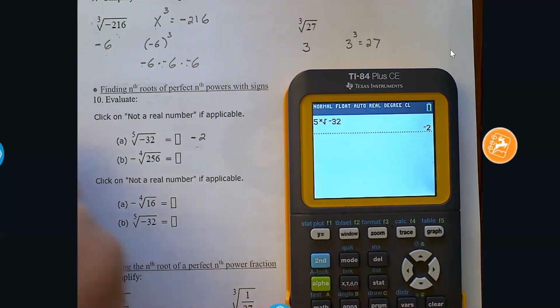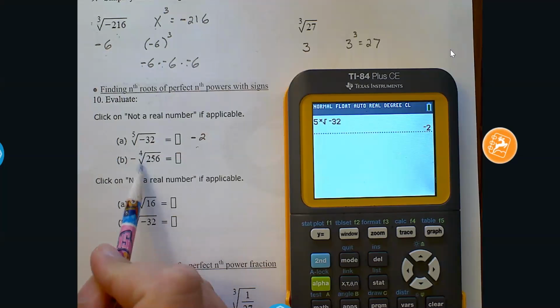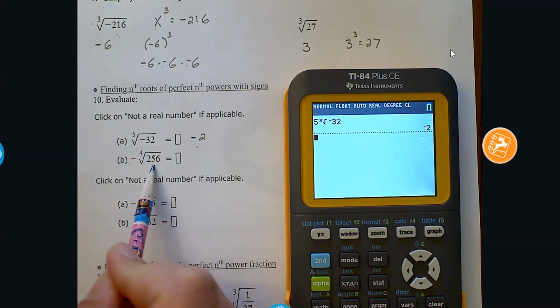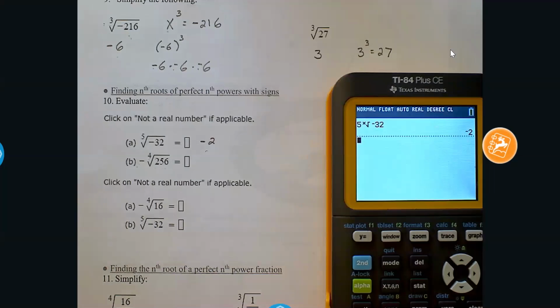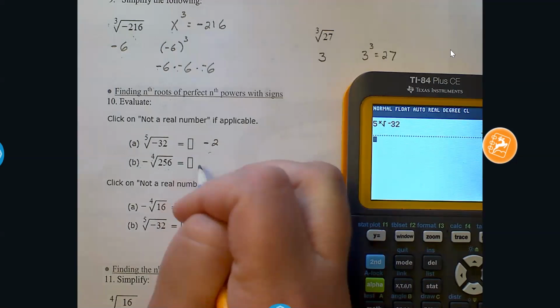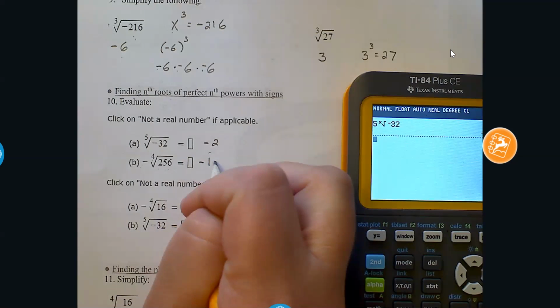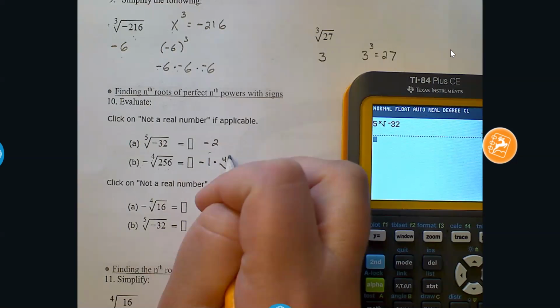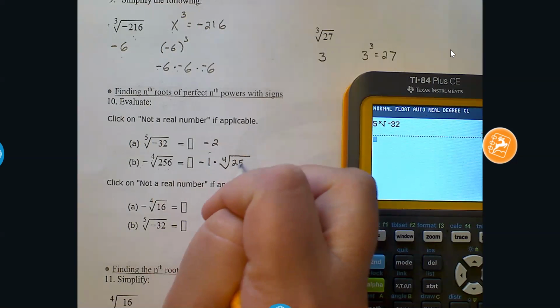Okay, this next problem, part B, we have negative fourth root of 256. Now the negative is on the outside, so I can take the fourth root of 256. So this would become -1 times the fourth root of 256.